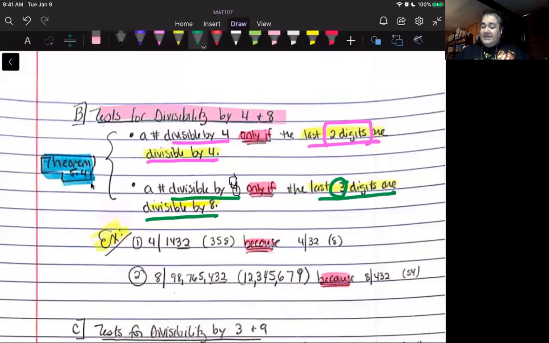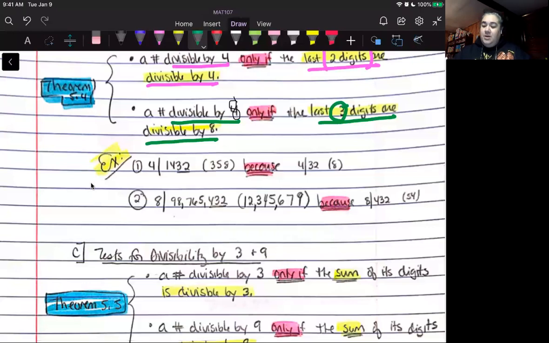Okay, so let's look at that example. If we look here, we're testing to see if 4 divides into 1,432. The divisibility test says to look at the last 2 digits. The last 2 digits are 3 and 2, creating the number 32. And we know that 4 does go into 32.